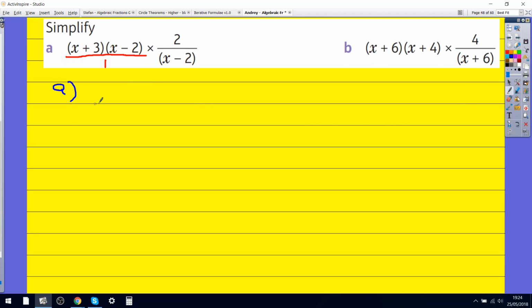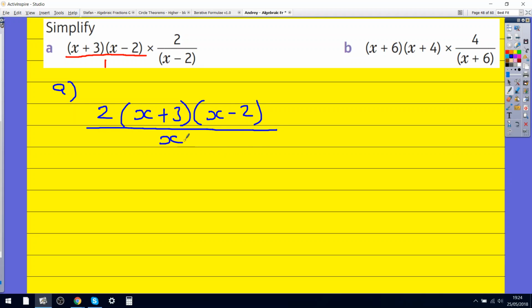Oh, I get it. And then would it just end up being the numerator being 2x plus 6? Don't expand it. Oh, sorry. 2 and then x plus 3, and then x minus 2, over x minus 2. And it says simplify.